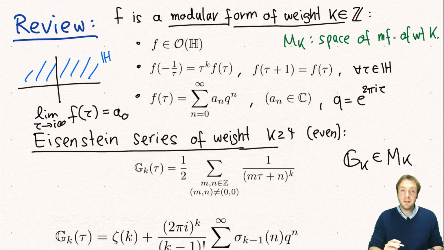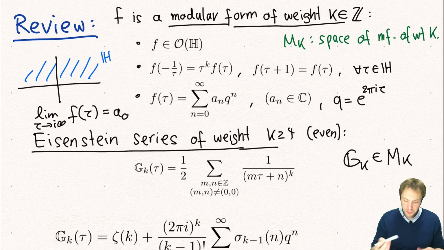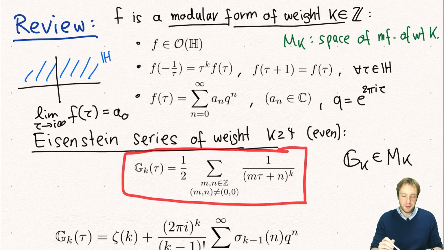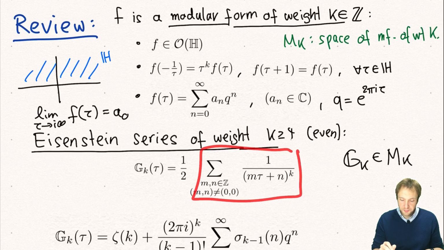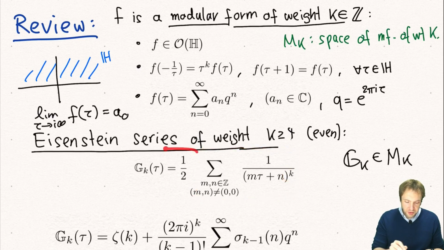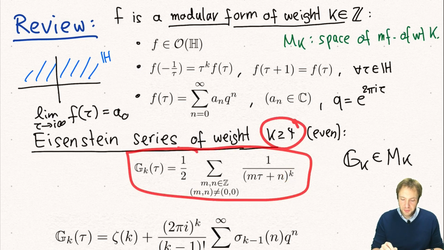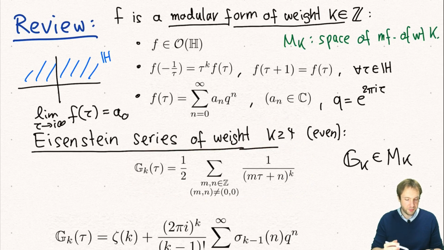Okay, and then as a non-trivial example for a modular form, we defined these Eisenstein series given by this double sum here. And this sum converges when k is strictly greater than 2, but we just defined this for even k greater or equal to 4, because we will define this for odd k's in a different way.